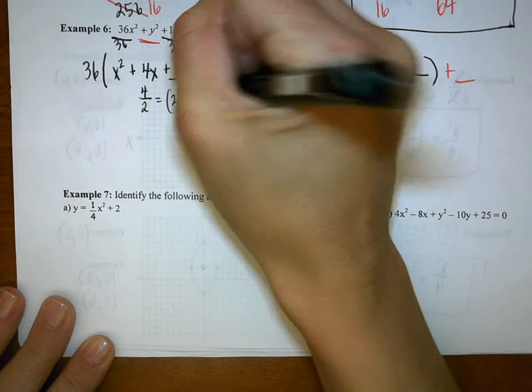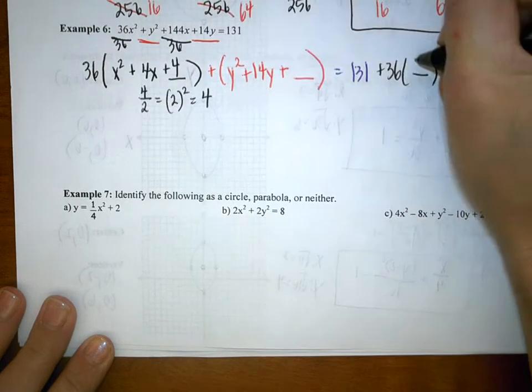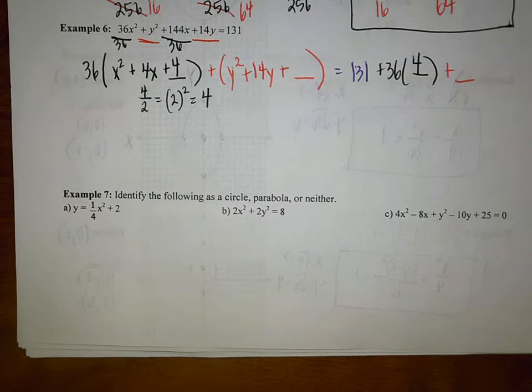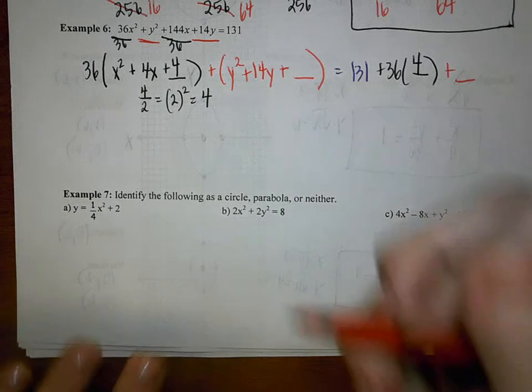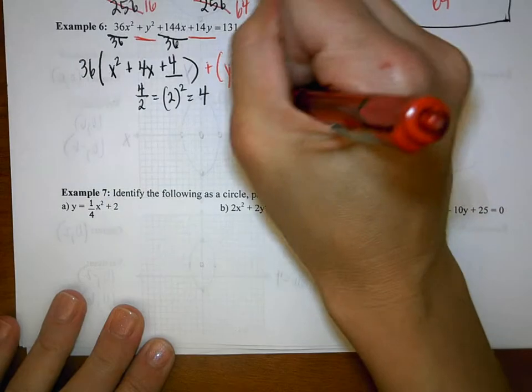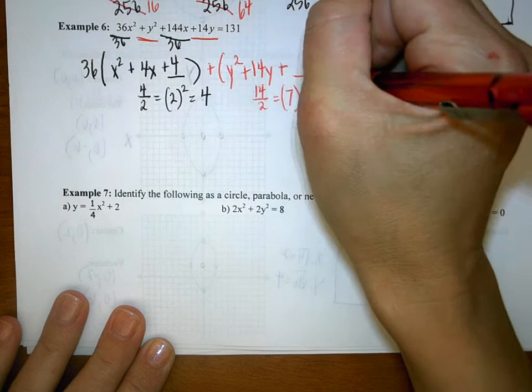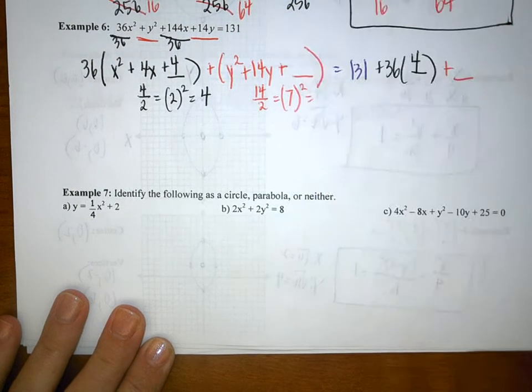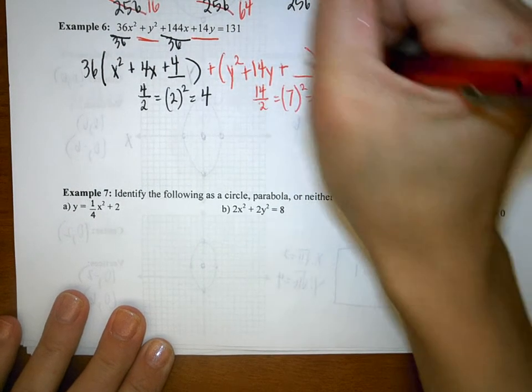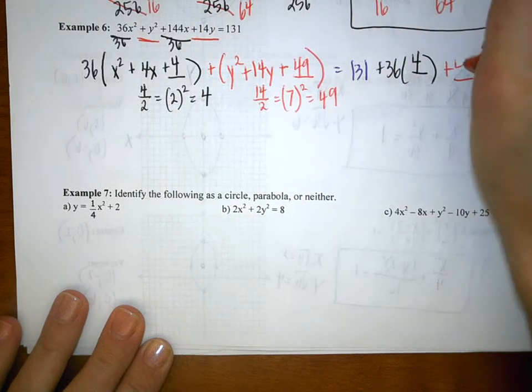So 4 goes in each of the blanks for my x's. Now for my y's, we take 14 divided by 2, which is 7, and 7 squared is 49. So 49 goes in each of my blanks for my y's.